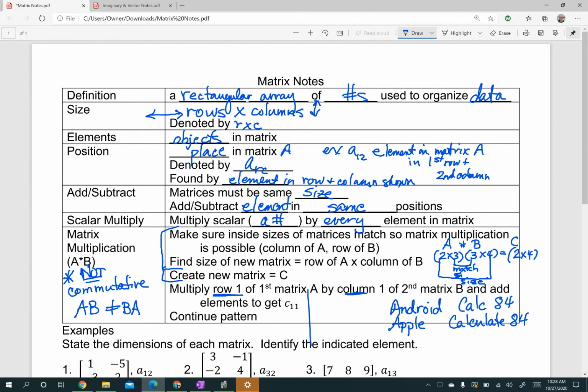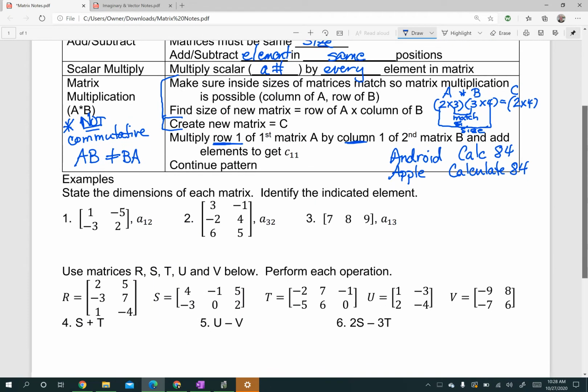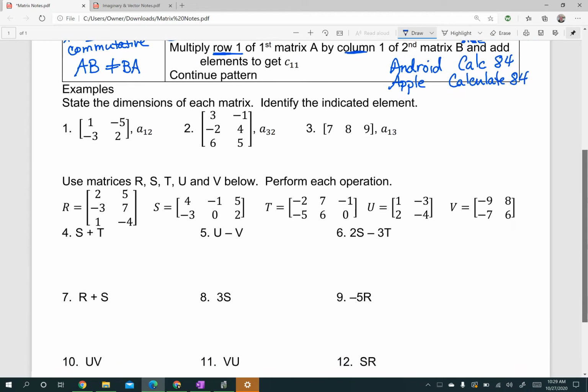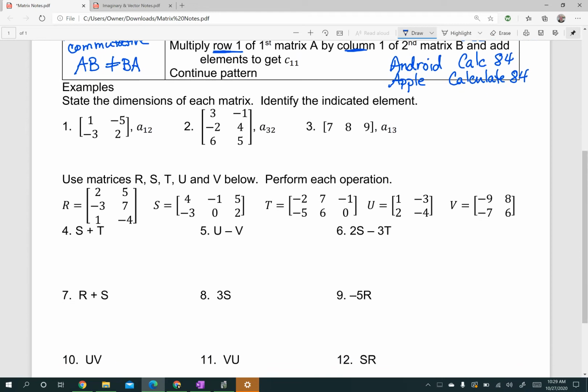So let's do some. Let's start out by just identifying the size and elements in the matrix. First of all, the dimensions is basically just the size. This has 2 rows and 2 columns, so this is a 2 by 2.